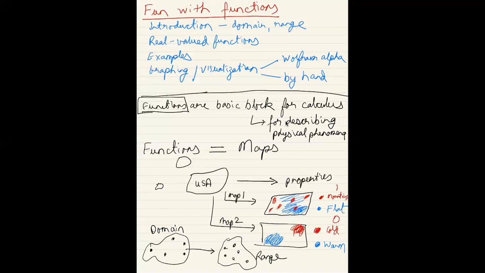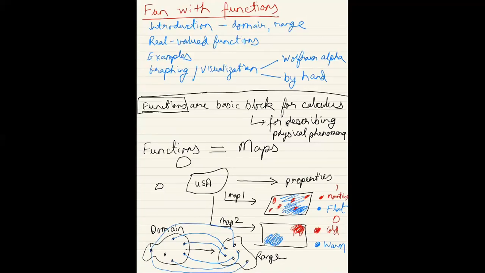So if I had 1, 2, 3, 4, 5 values here, then I will need to have 5 values over here also. So it should be 6 on this side because I do have 6 points on the right. So in this map, this point goes to this one, this point goes to this one, this goes over here, this one goes over here, and this one goes over here. This is an example of a map.